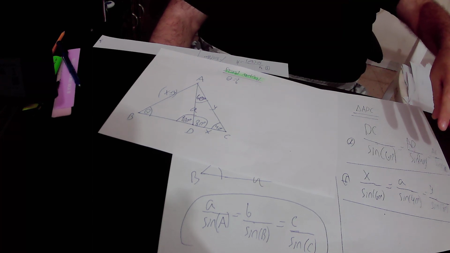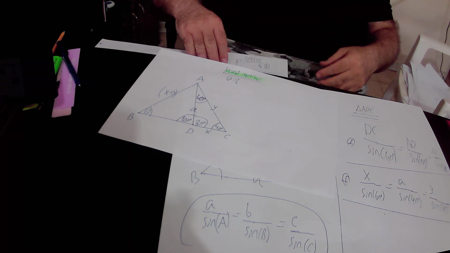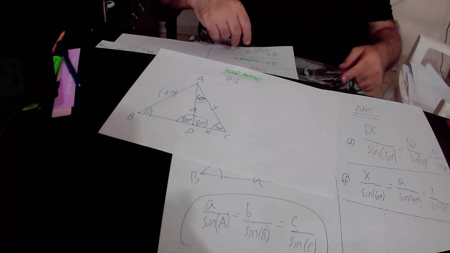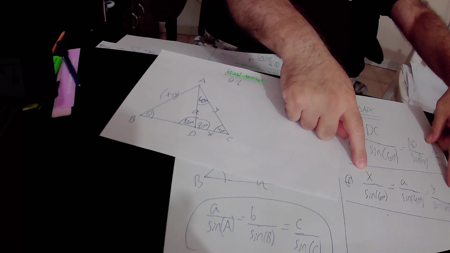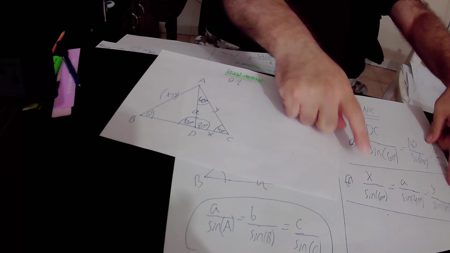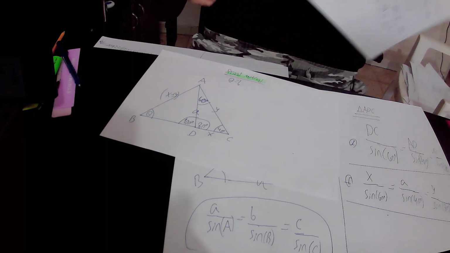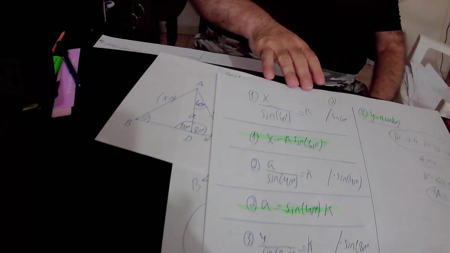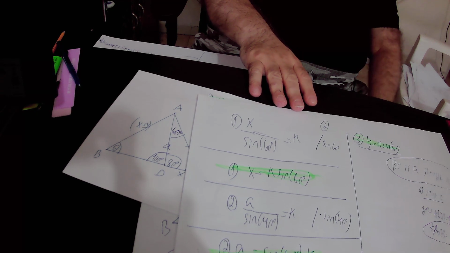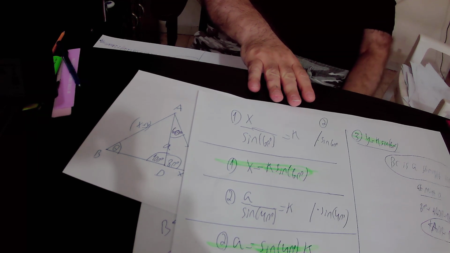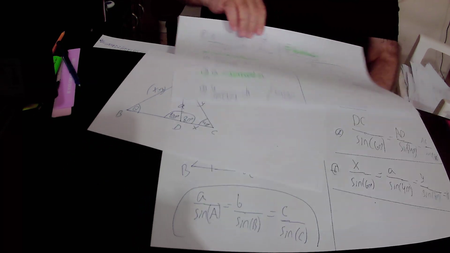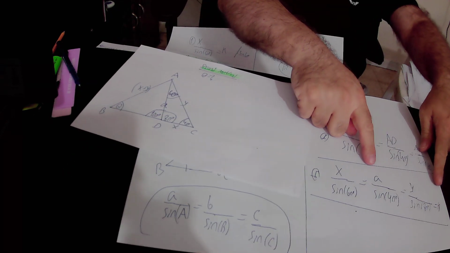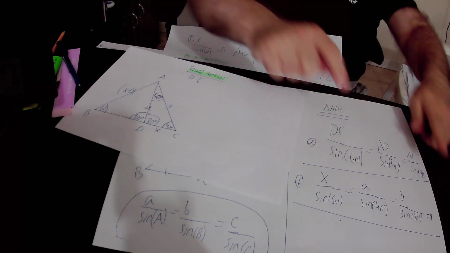From this big equation, we derived three different equations. Those two, X over sine 60 degrees equals K. This is the first equation. Then we multiplied this equation by sine 60 degrees and found out that X equals K times sine 60 degrees. Then those two expressions are also equal to each other.